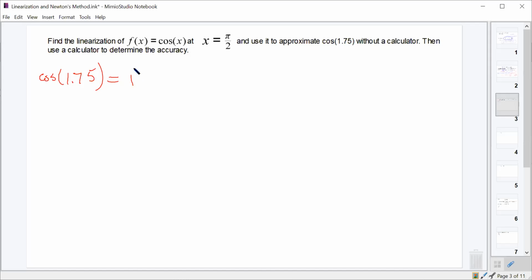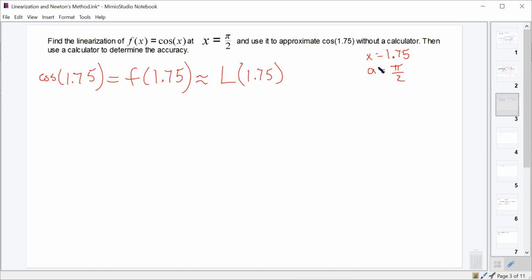And that should be f of 1.75, which should approximately be equal to the linearization function at 1.75. So the x value that we're looking at is 1.75, and 1.75 is very close to pi over 2. So we're going to do what's called centering our approximation at pi over 2. That's the value that we know the cosine of, right?